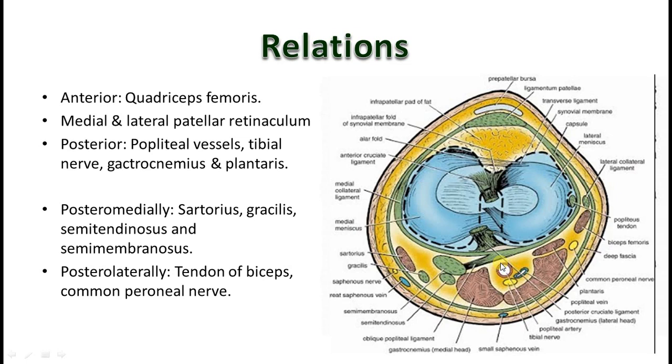If you look at the cross section of the knee joint, you are able to see the menisci, the medial meniscus and the lateral meniscus. That is your quadriceps tendon, ligamentum patellae, and the prepatellar bursa you are able to see here. This is the tibial collateral and that is the fibular collateral ligament. The popliteus tendon is inside the capsule but outside the synovial membrane.